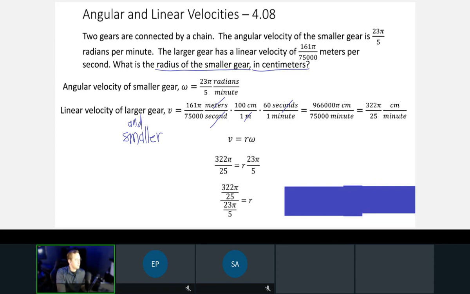All right, so we just type that in. You can flip and multiply, which we actually should have done from the very beginning, multiplying both sides by the reciprocal. That would have been smarter, but I didn't think to do that.